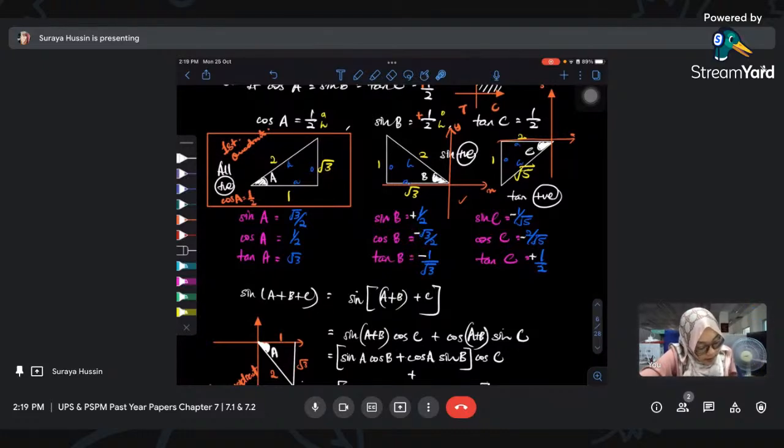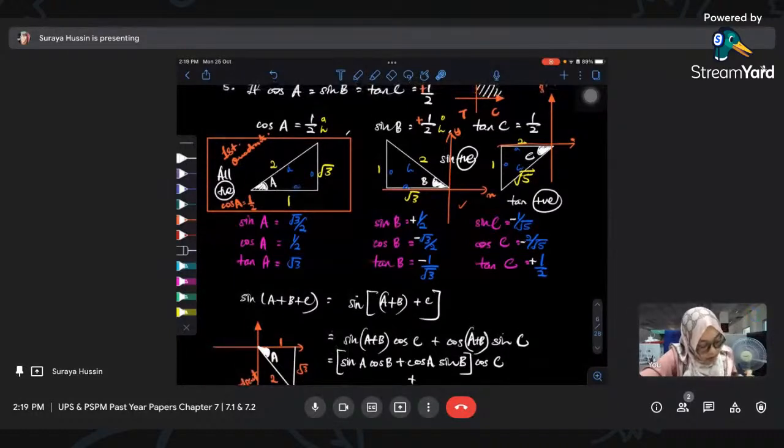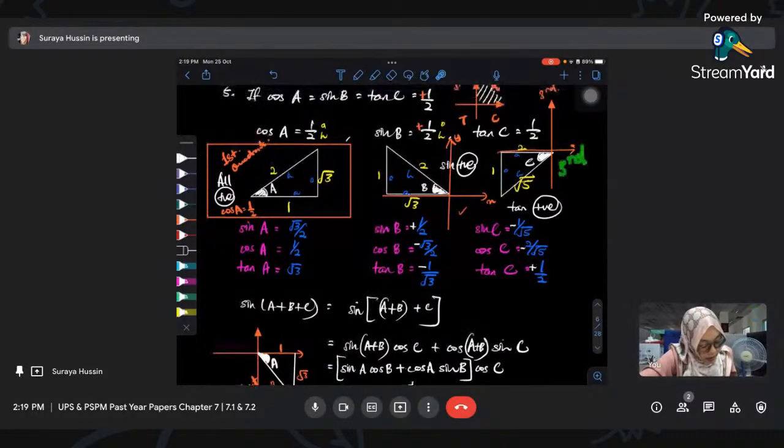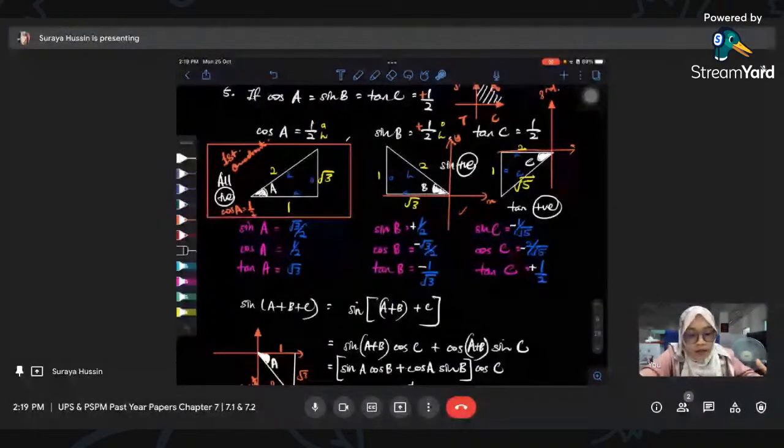Manakala kalau kamu letak sini third quadrant, okay, third quadrant here, only tangent yang positive, the rest is negative. So you got to be careful with your pemilihan quadrant. Okay, you must be very very careful dengan apa yang kamu pilih dalam quadrant kamu untuk angle kamu.